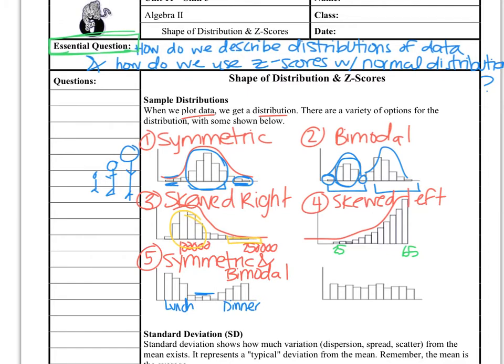Number 6, last one. This one is called uniform. It's called uniform because it's pretty much all the same, right? So something like this might be like serial numbers, not cereal that you eat, but serial like this. Numbers on randomly selected dollar bills, right?